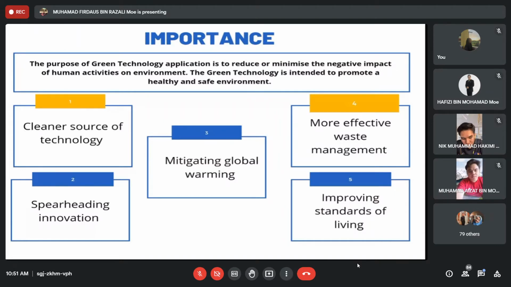The fourth is more effective waste management, that is, more effective management of waste. Okay, the last one is improving standard of living, that is, improving the quality of life for everyone.